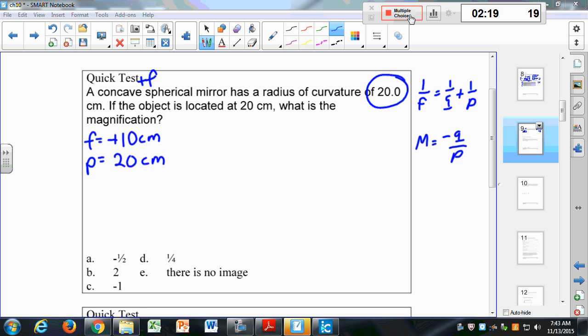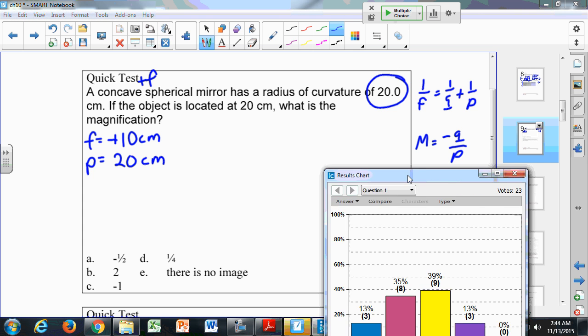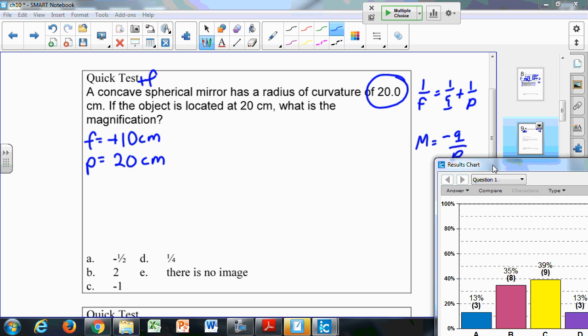We're sort of all over the board here, so let's take a look. If I know my focal length and I know my object distance, I can find q.